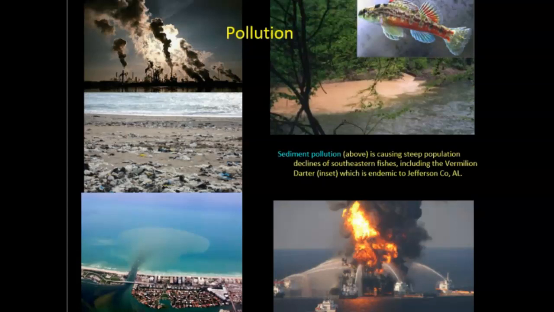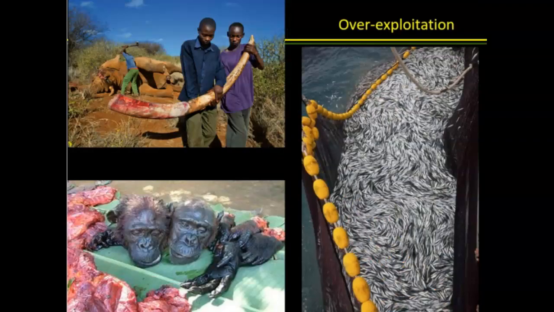A third reason is pollution, and this includes everything from oil spills to plastic trash to the chemicals used in manufacturing to having too much fertilizer wash off of agricultural areas during rainstorms. All of that leads to habitat degradation and in some cases has led to outright extinction. And another reason for the loss of many species is the overharvest of those species.